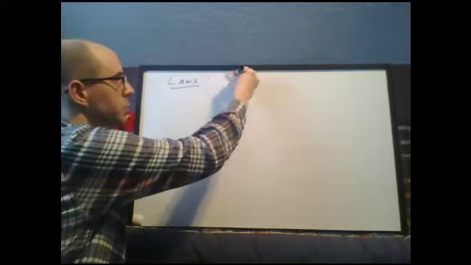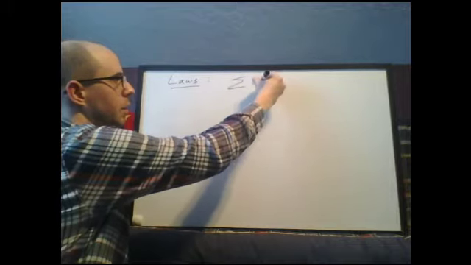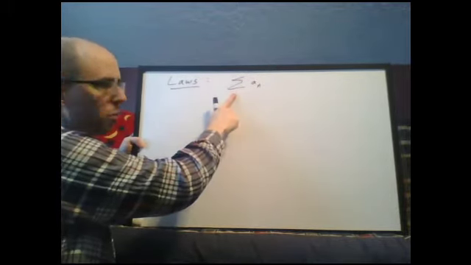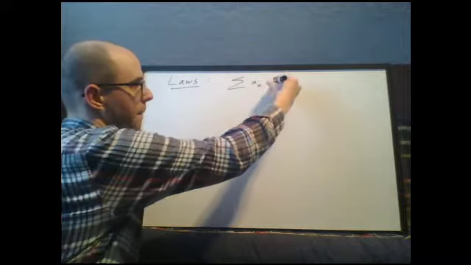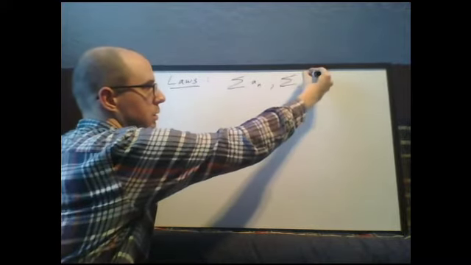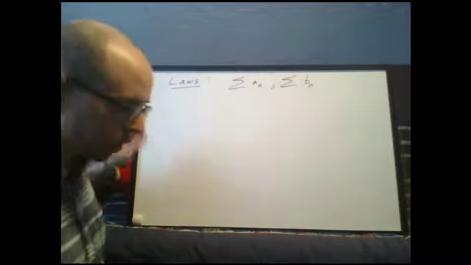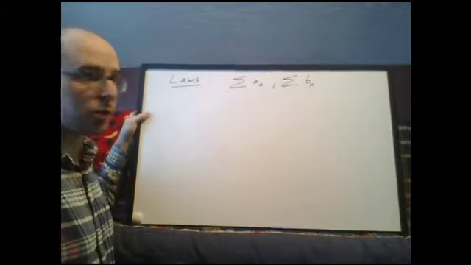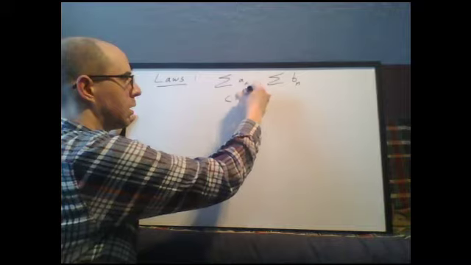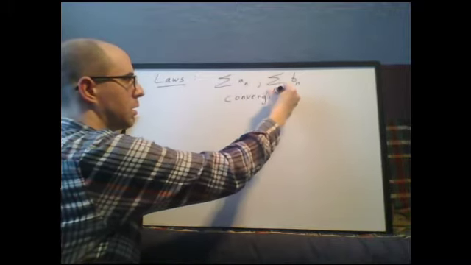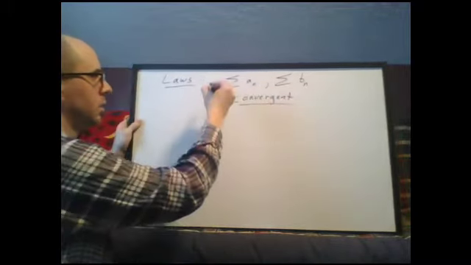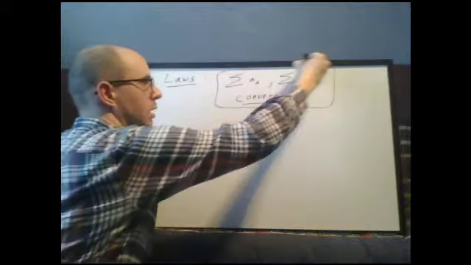So suppose we've got two series. I'm not going to write the n equals 1 to infinity every time because it's cumbersome. I want to assume that they're both convergent. So we are assuming this.